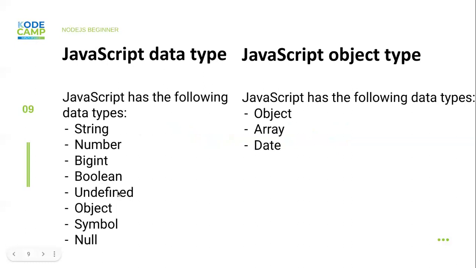And if there is still time, we'll talk about objects, where we can use dates, arrays, and objects too. An object is an object type. It's kind of fun, it's like it's recursive.